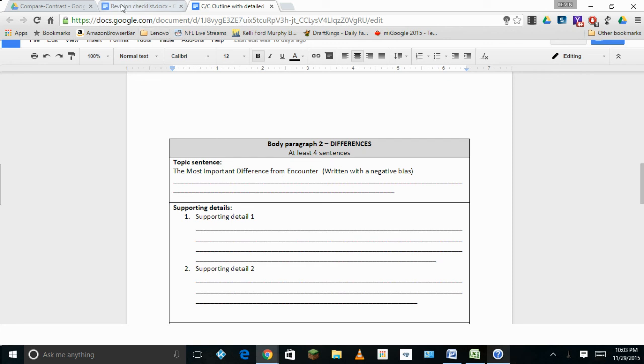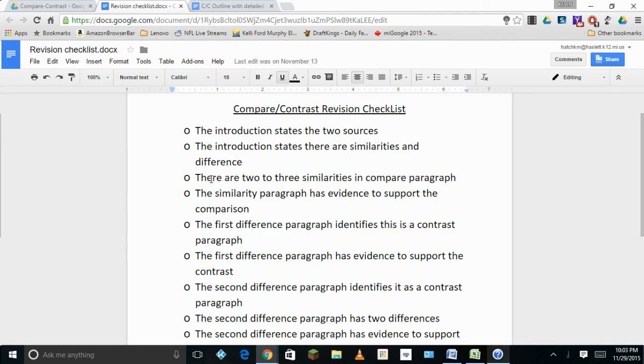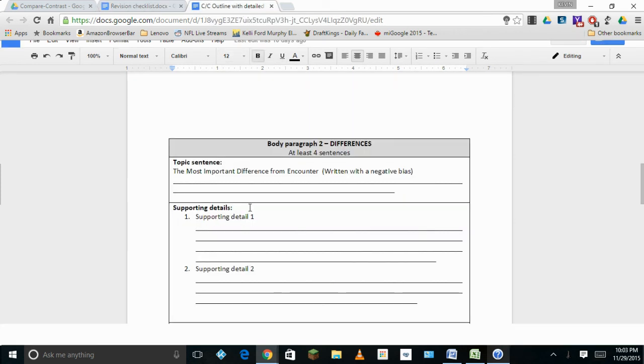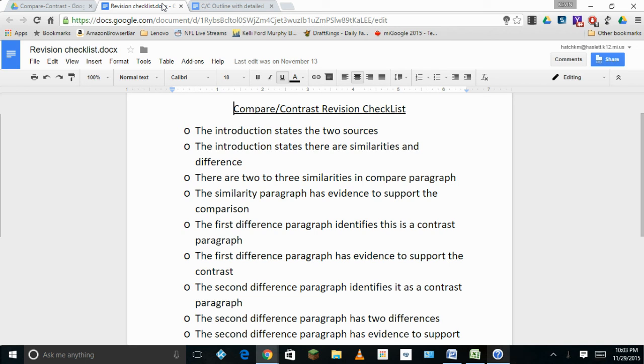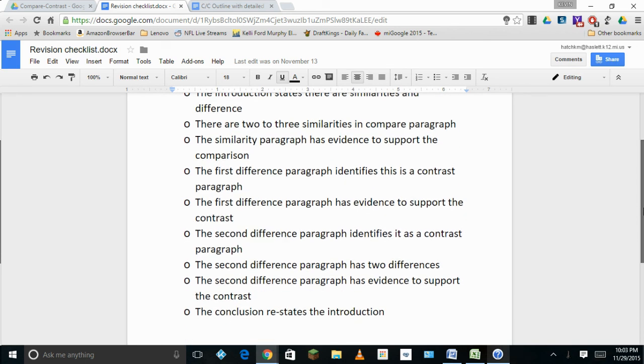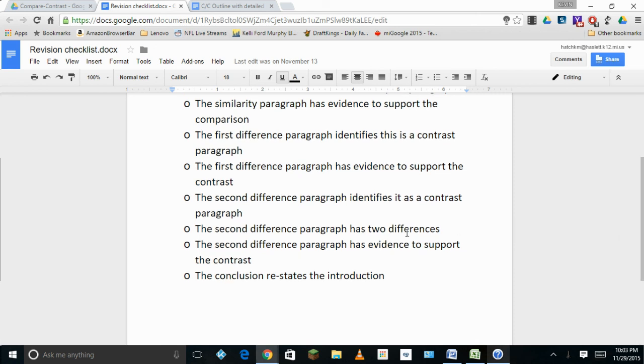As long as that's stated, you are in good shape. Again, if you're missing any of these, you can go directly back to the outline and look to see where you're missing it. And then the difference paragraph has evidence to support it. We're looking for 2 pieces of supporting evidence for the first difference paragraph. And then the same thing for the second difference or contrasting paragraph, that they have a second difference and that it has evidence to support it.